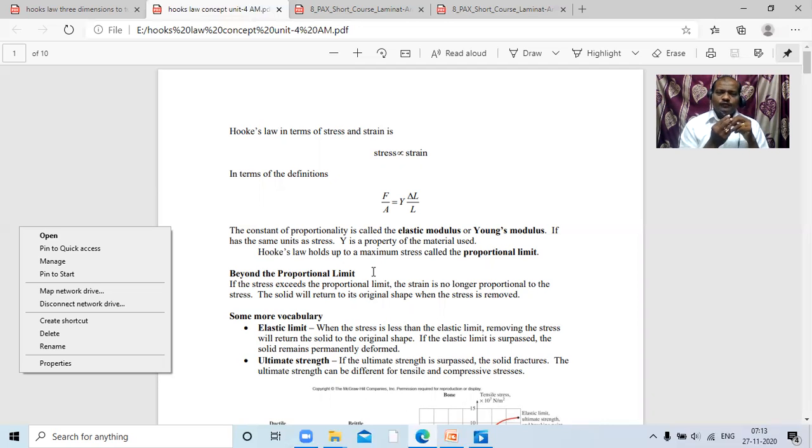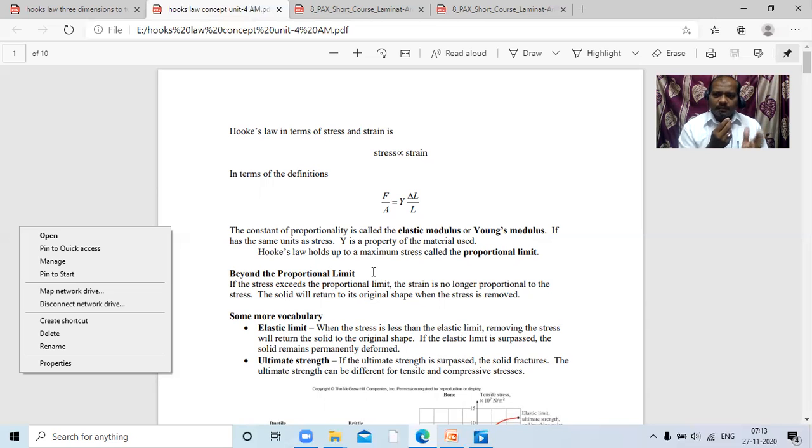That means if a material is exposed to a force or a load, and at one point it crosses the elastic limit and the load is removed at that stage, the material will be deformed to another shape than its original condition. That point is called the elastic limit.